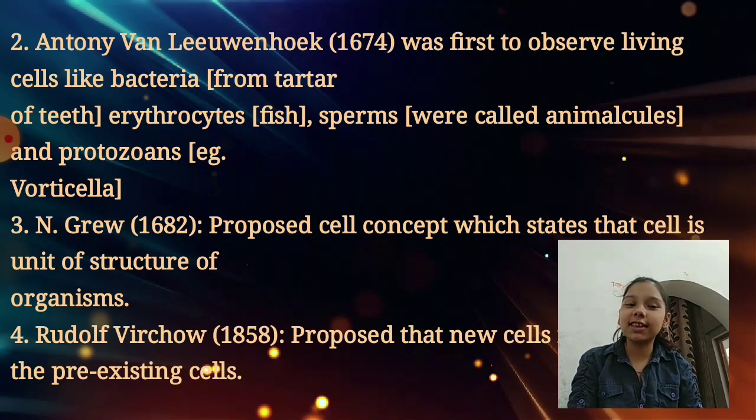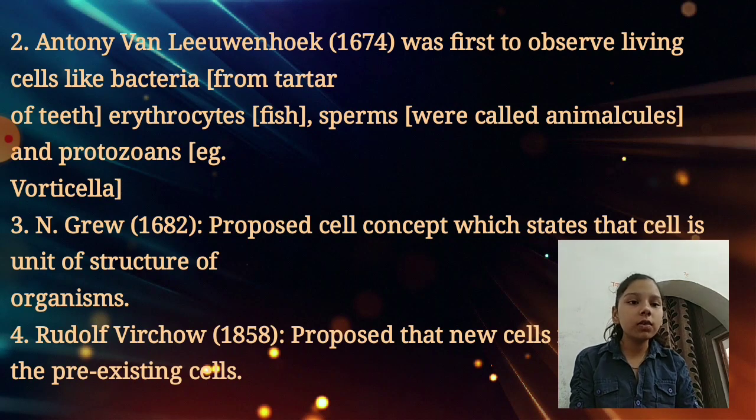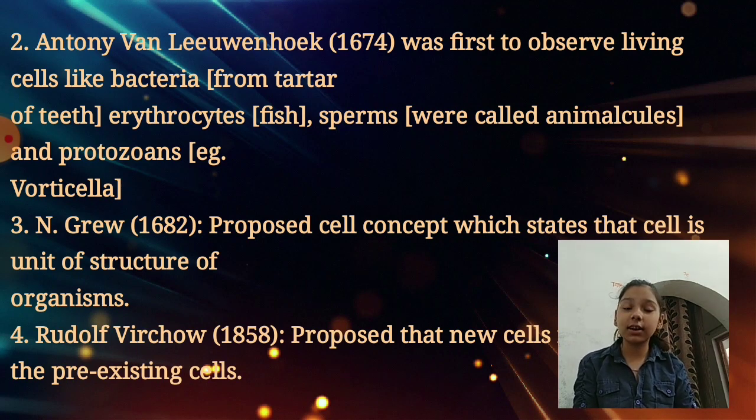And Grew in 1682 proposed the cell concept, which states that the cell is the unit of structure of organisms. So, who said that it is the unit of structure of all organisms? Grew, in 1682. Rudolf Virchow proposed that new cells arise from pre-existing cells.